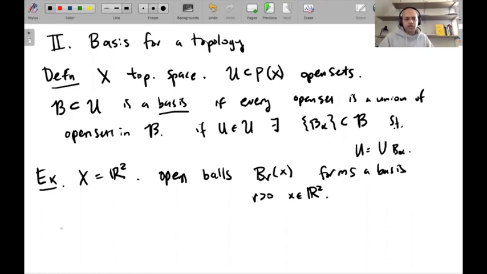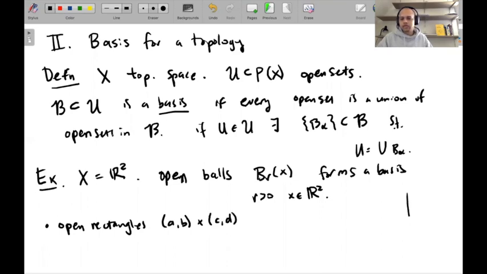But there are other choices of basis. Open rectangles, so sets of the form some interval times some other interval, also form a basis.